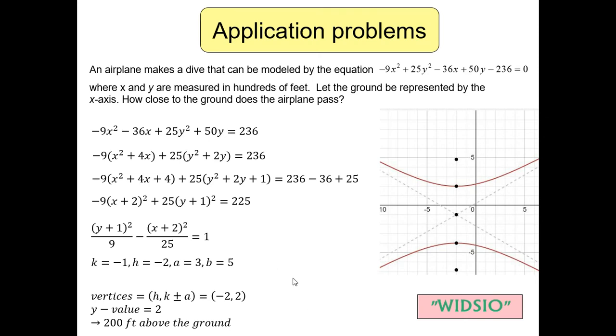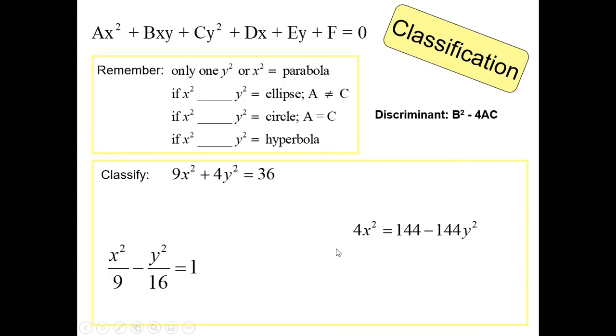All right, we'll continue on, and if you need to come back, you can get these notes or take a screenshot and grab them. All right, classification. If I have this form of the equation, I can determine whether or not it's a parabola, ellipse, circle, or hyperbola just by looking at the coefficients.